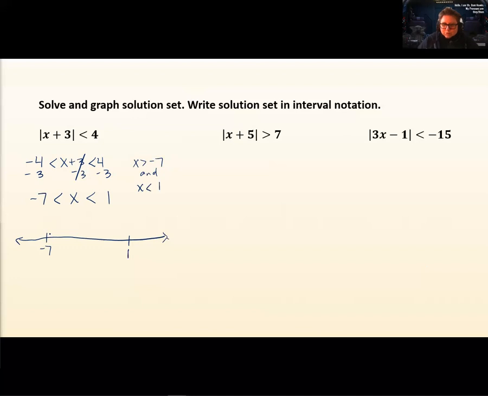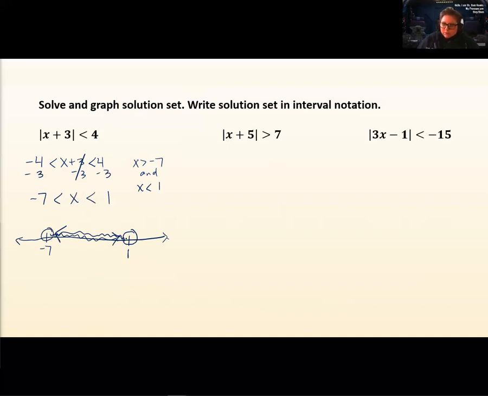Would this be a closed circle or an open circle? Open. Good job. So we have open circles, and for this one we have x is greater than -7, and then we have x is less than 1.